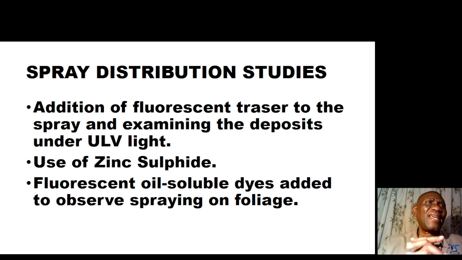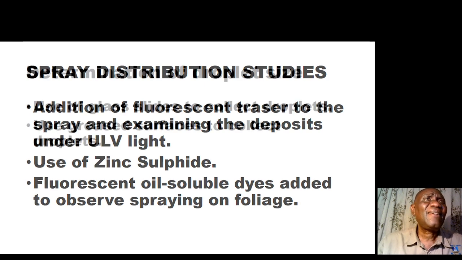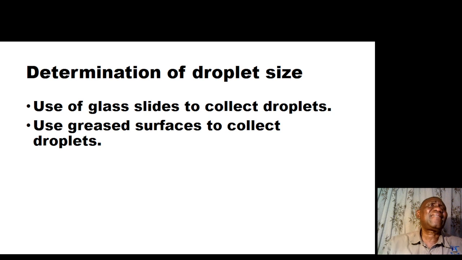Sometimes they use zinc sulfide. Fluorescent oil soluble dyes are added to the spraying on the foliage so that you can trace and locate where the droplet actually landed. So these are some of the studies which can be done in order to understand the droplets.